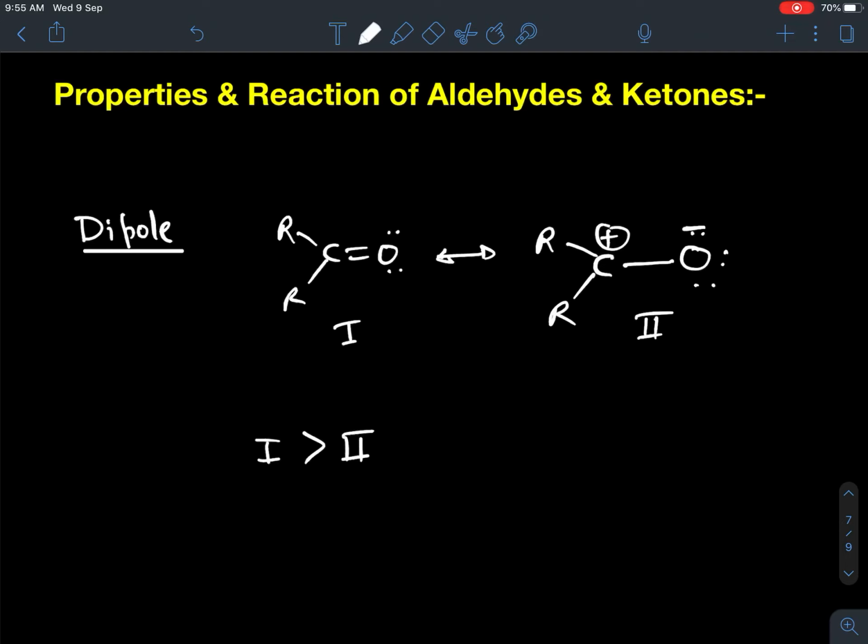Of these two canonical forms or resonating structures, 1 is more stable than 2, but the second has considerable importance. Why? It has a significant contribution in the hybrid structure. So if you want to draw the hybrid structure, it will appear like this: RCR, O with partial negative and partial positive on carbon.